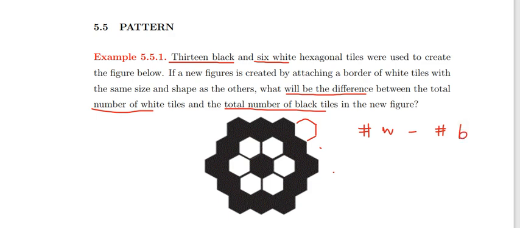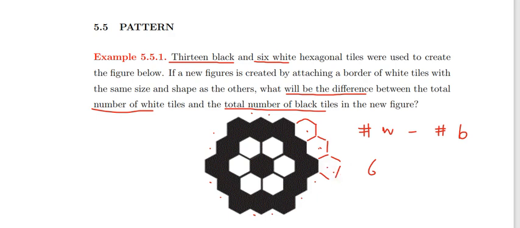We just want to find how many white tiles are on the outside. So here we have 1, 2, 1, 2, 1, 2, 1, 2. So we have 6, then plus this one.